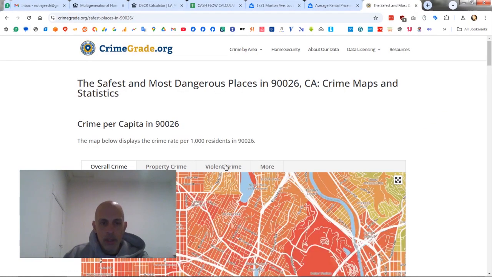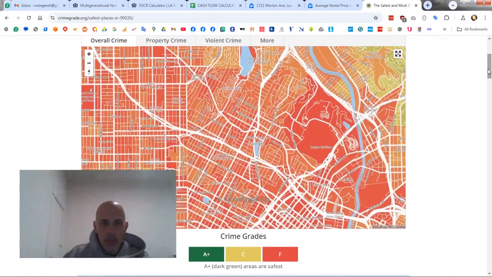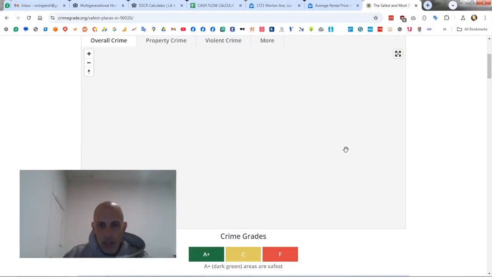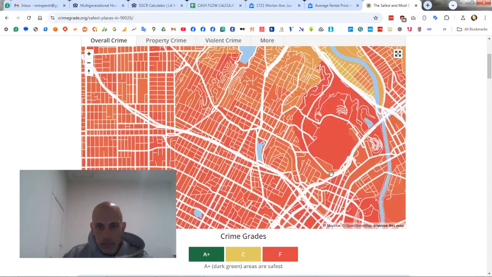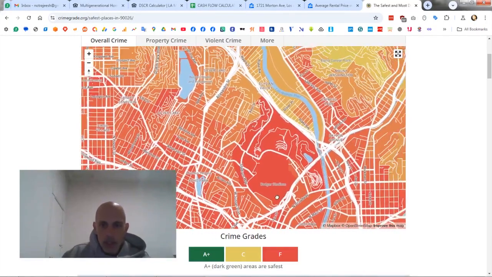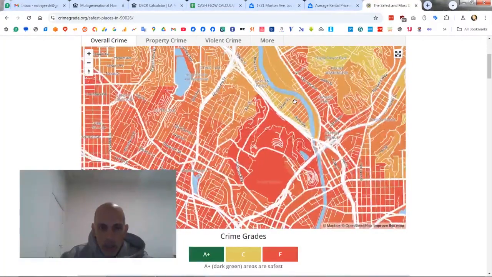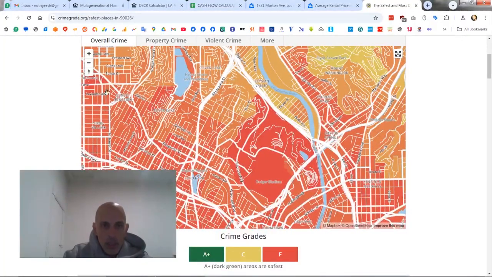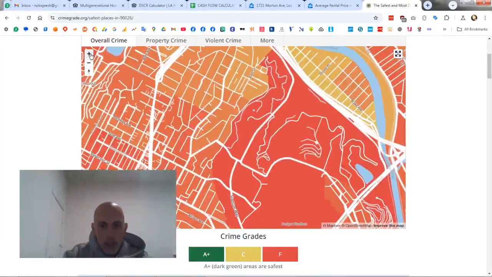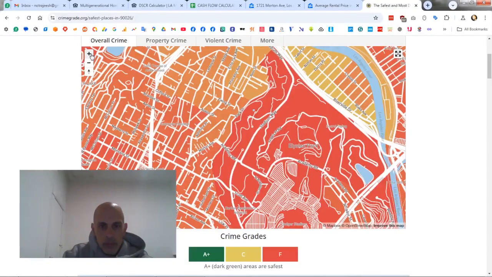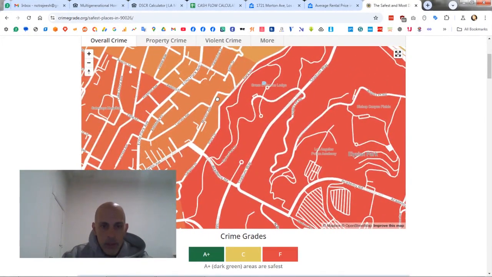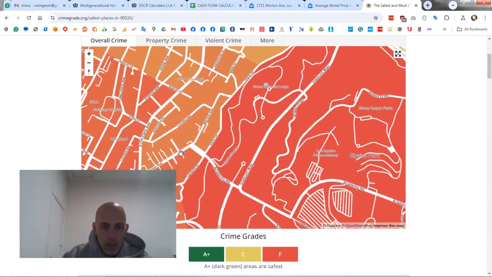There we go. Overall crime. Here's Stadium Way, DC Park. Alright, so here we are.